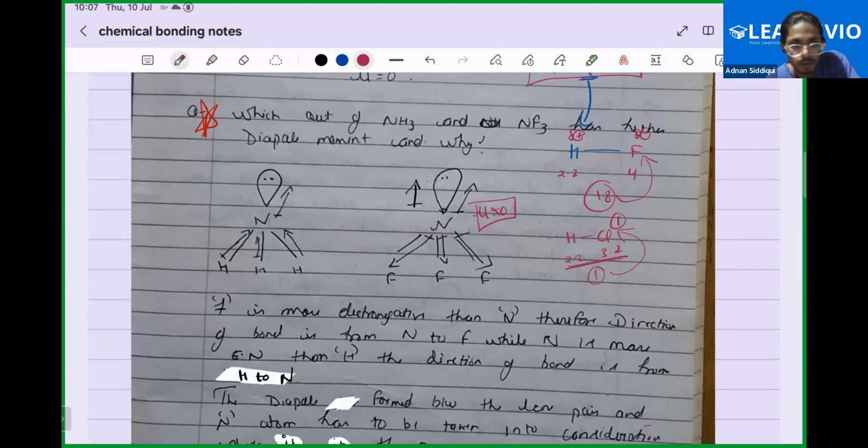Your voice was not clear. Can you please repeat what you said? Yeah, electronegativity. Good, that's the correct answer. Electronegativity is the reason behind the shifting of the electron cloud.